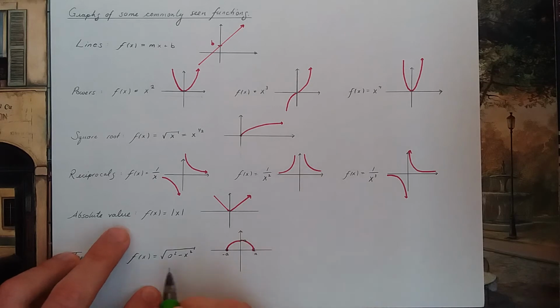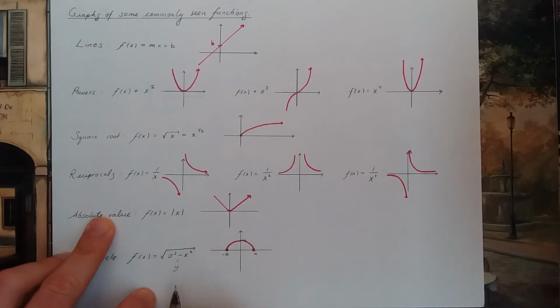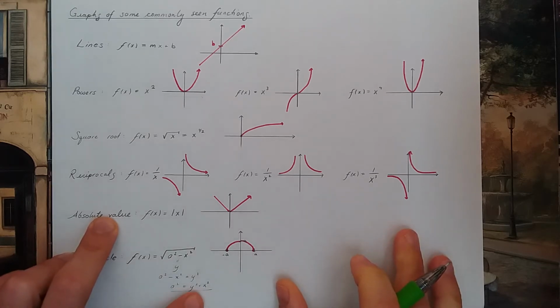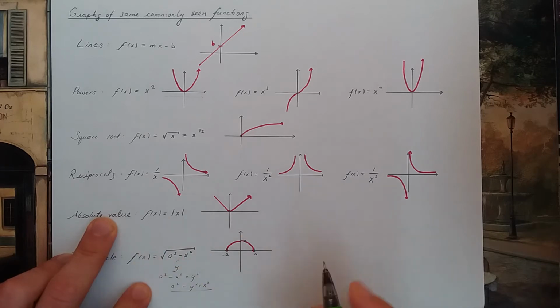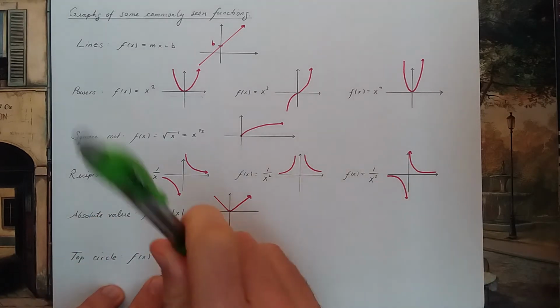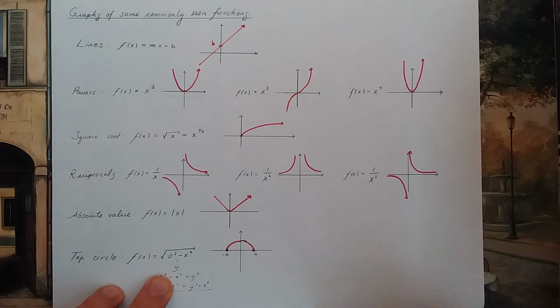This is half of a circle because if you say that the square root of a squared minus x squared is equal to y, and you square both sides, then you get a squared minus x squared is y squared, or a squared is y squared plus x squared, which we've seen in a previous video is the equation for a circle. You only get the top half of the circle because you took the square root, and the square root of a number has to be positive. So here are some basic graphs of commonly seen functions.